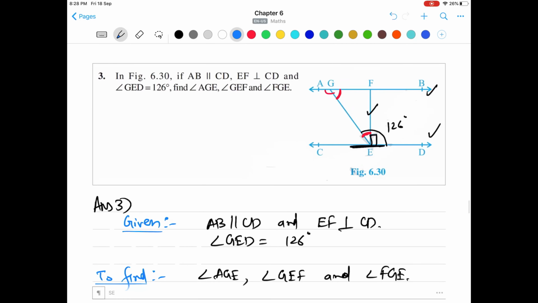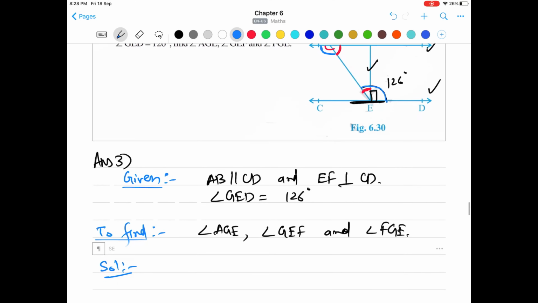Solution is simply, as we are given that this angle is 126 degree, and AB and CD are parallel and GE is a transversal, this angle will also be 126 degree because they are alternate interior angles.